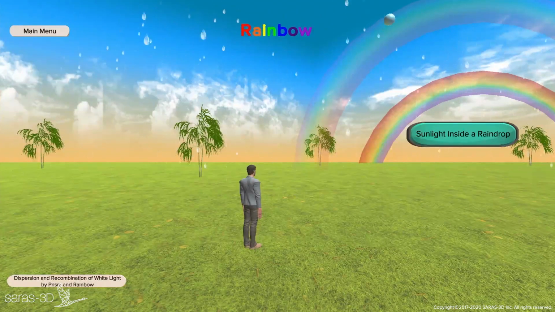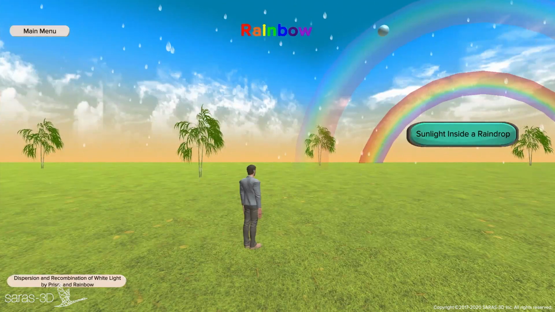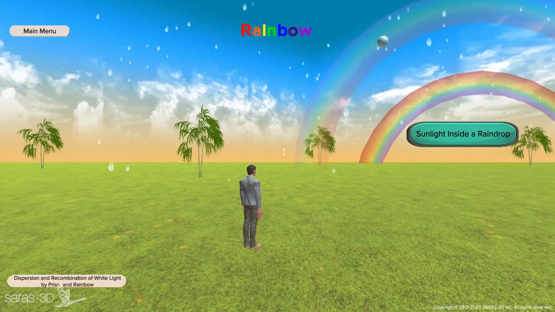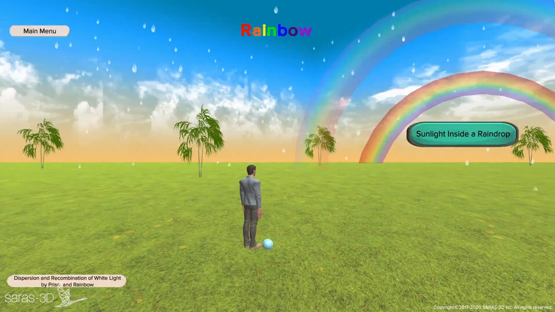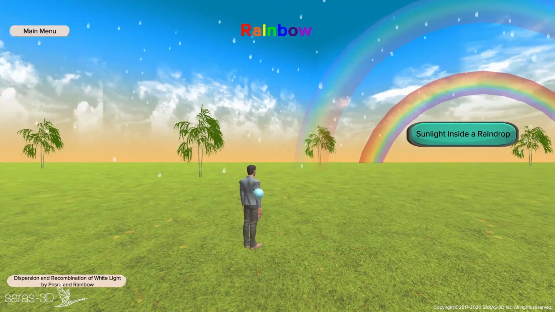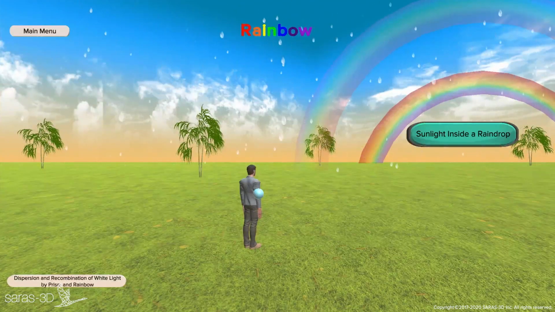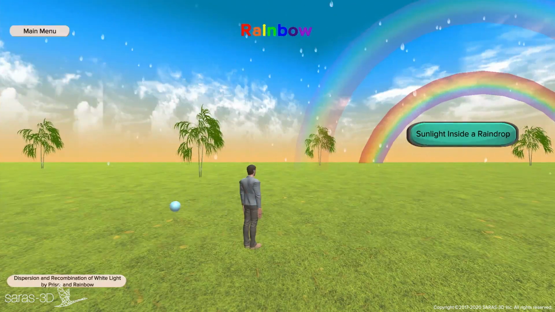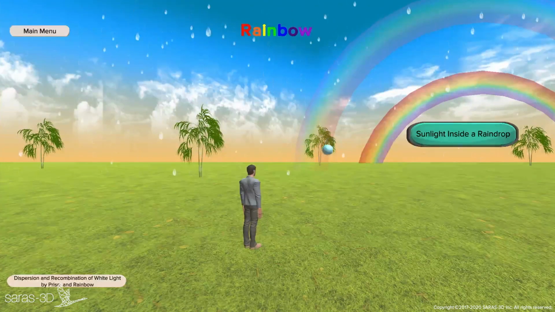For the formation of a rainbow, it is necessary that the sun is shining and it is raining at the same time. If you want to see a rainbow, your back should face the sun and you should be in front of the rain. So this is the condition to observe a rainbow: the sun should be behind us and it should be raining in front of us.